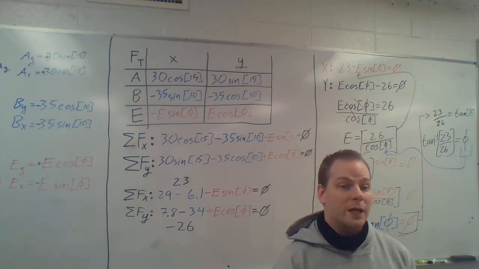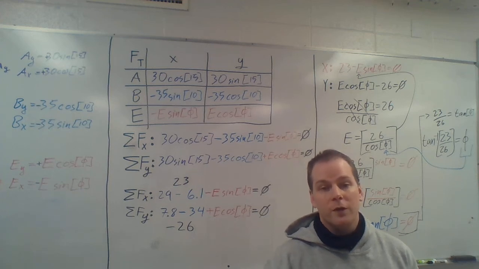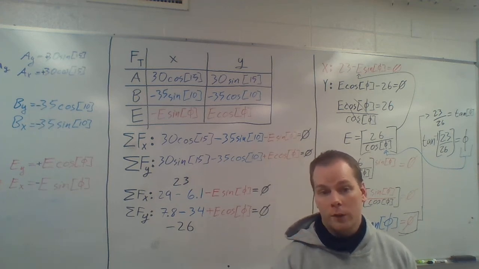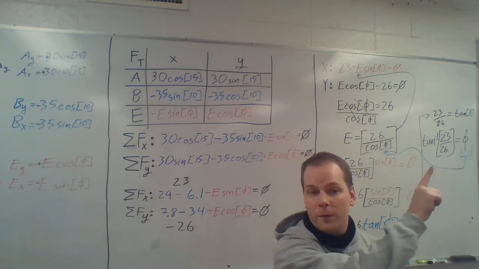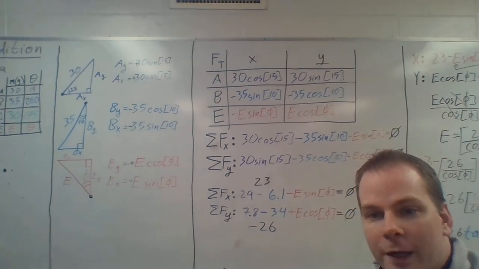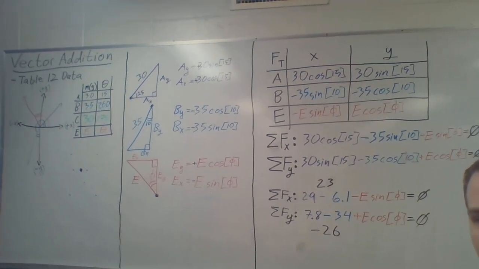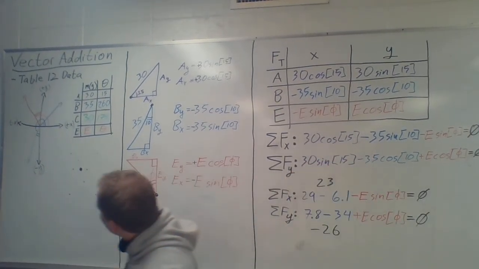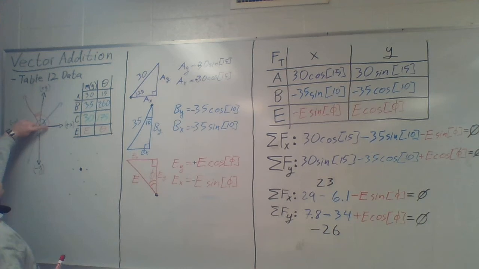This is not your actual final answer, okay, because your angle is wrong. The angle that you've got is phi. It's not theta. So if we rotate back over here, theta goes from here all the way around to here.